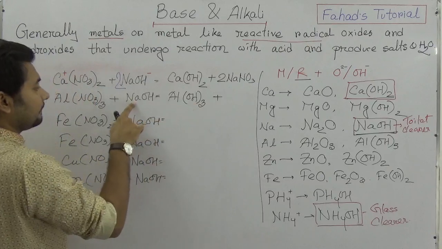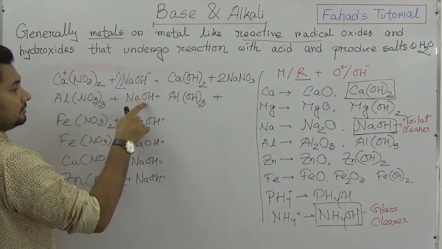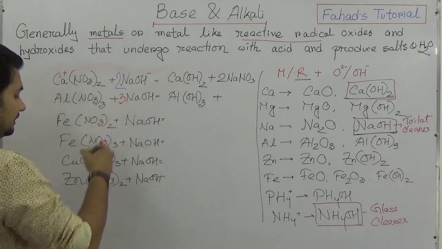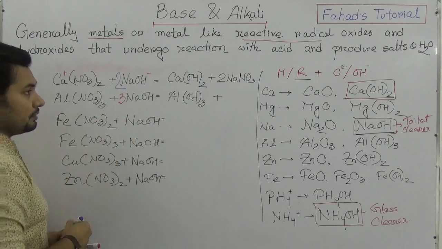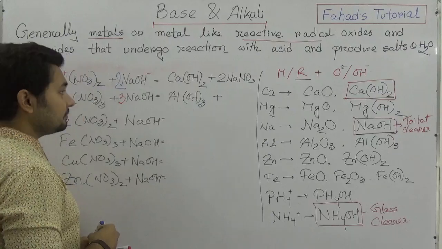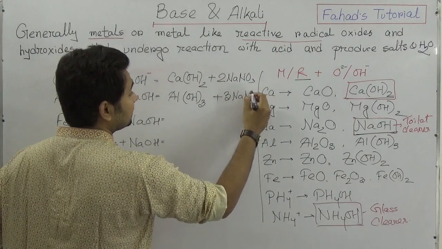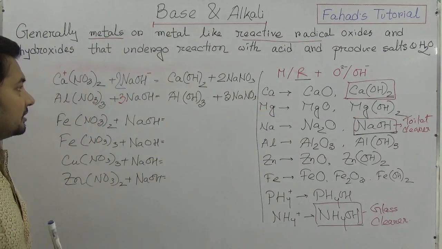What is the formula of it? Aluminium hydroxide is Al(OH)3, so it must be 3 here, and 3 molecules of sodium nitrate will be produced.